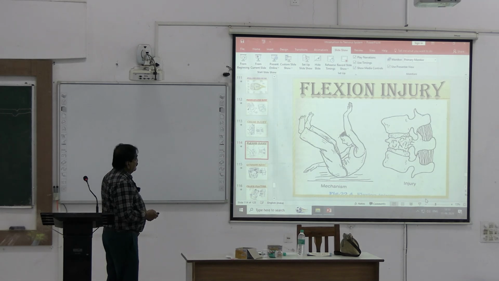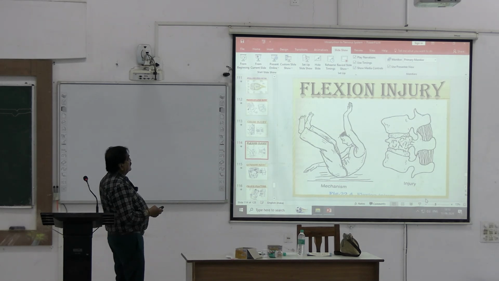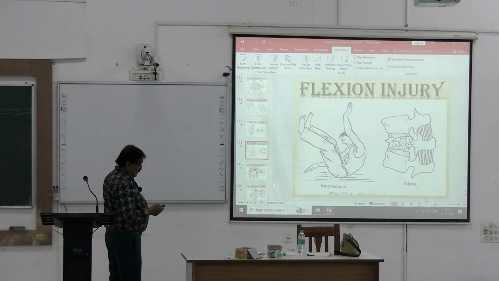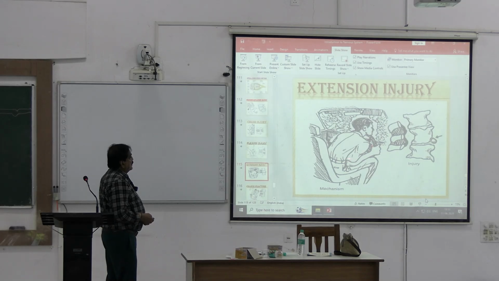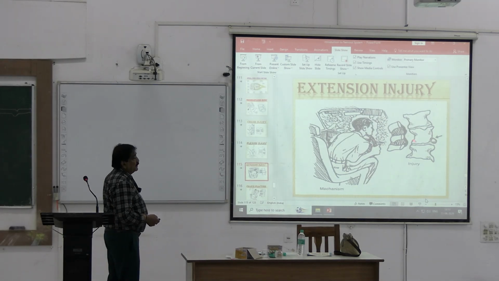Now, flexion injury mechanism: falls like this, and this might be the condition of the vertebra and the spine and the spinal cord. Now, extension injury, see, is a head-on collision of the driver. This will be the condition of this.